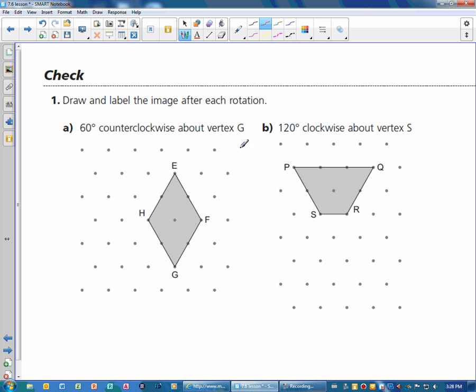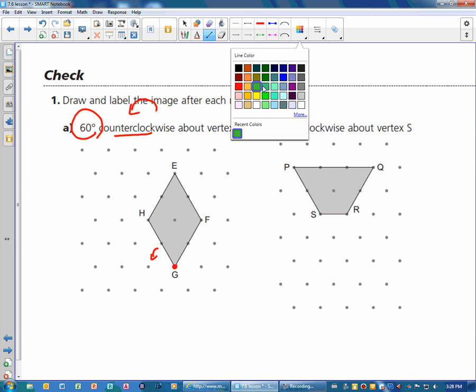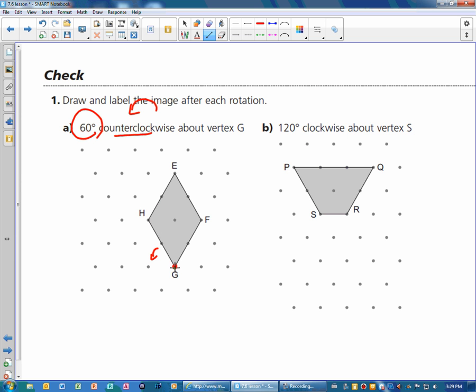All right, let's try the check. So we're going 60 degrees counterclockwise. We're going that way about point G. That's the point that's sitting still. Okay, we're going this way. So, oh, we're still on green. Good. So this line 1, 2 needs to go here. 1, 2.